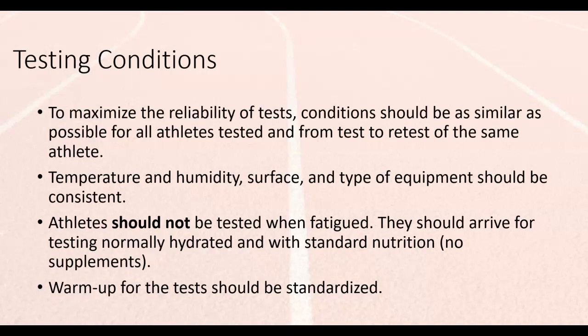So again, if we tested an athlete at 8 a.m., and it was nice and cool, perfect temperature, partly cloudy, sunny, great humidity, and then the next time we did a retest at 2 p.m., and the humidity went to 90% and it was raining, those are things you need to take into consideration when you test. Try to mimic very similar days and test conditions compared to when you retest them.